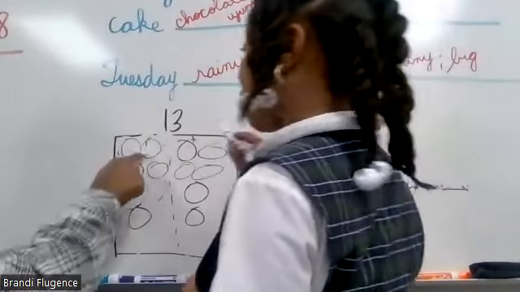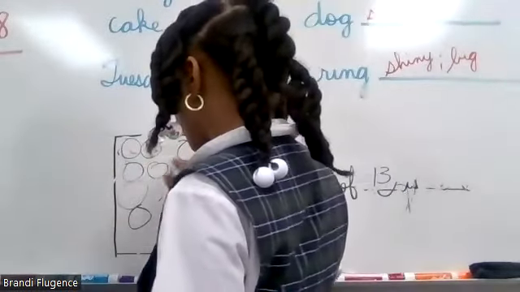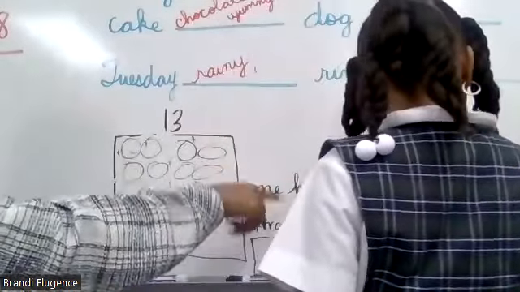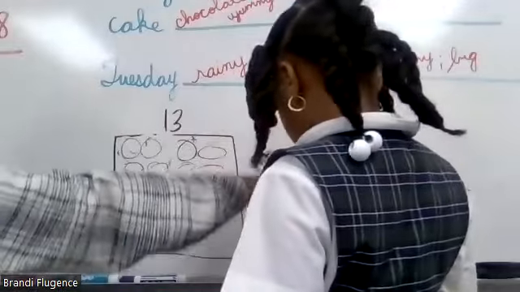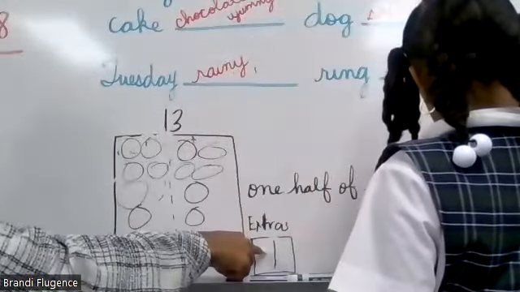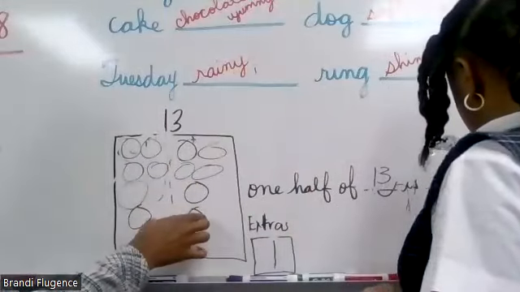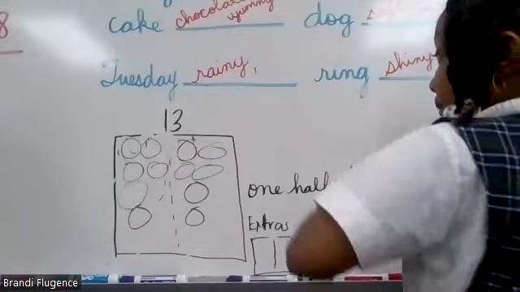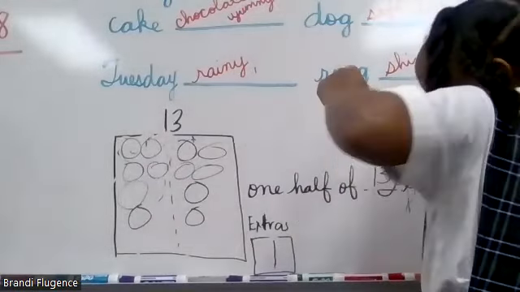Count all the circles you have on one side. 6. So 1/2 of 13 is 6, and put an R. No, the letter R with the remainder of 1. Because you have 1 extra, because 1/2 of 13 is 6 with the 1 extra. All right, good.